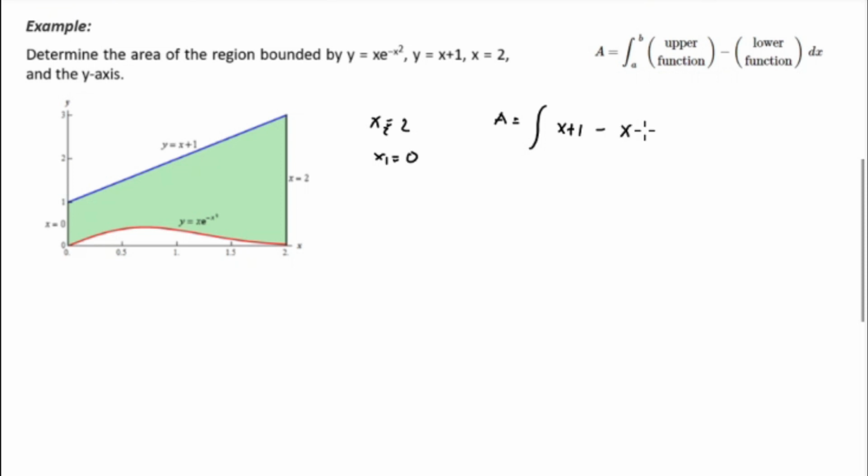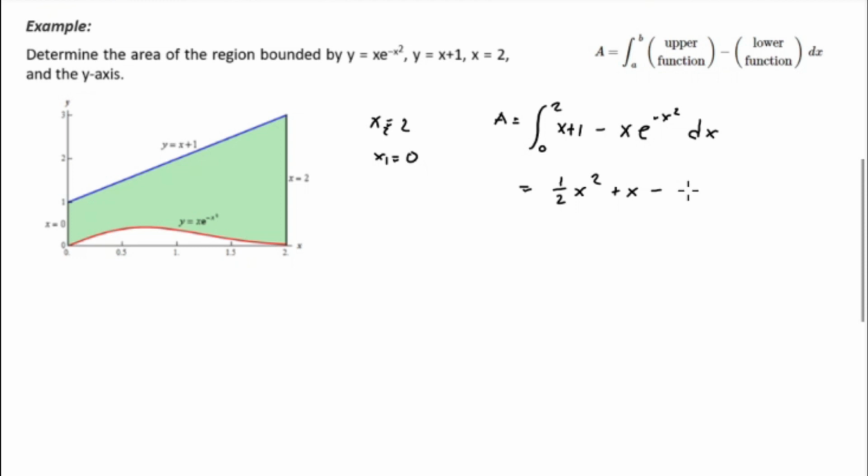This will be the integral of x e^(-x²) dx, with the limit from 0 up to 2, and that's the time we integrate. The integral of x is 1/2 of x squared, and the integral of 1 is x.